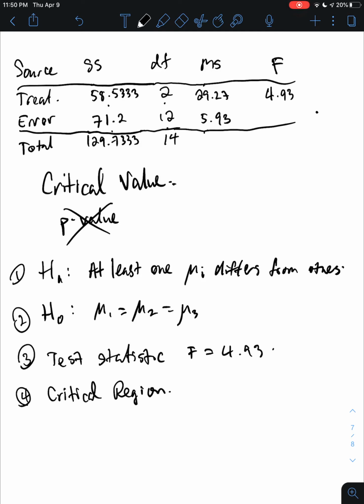we have to use our F table for this. So there's an F table that I have included in the chapter 11 handout section, and there's also a little package. It's all been packaged together nicely for you in the final exam review section at the end of the course.